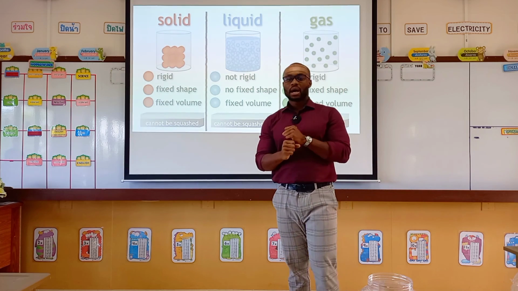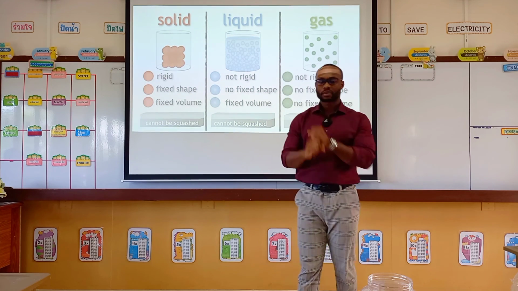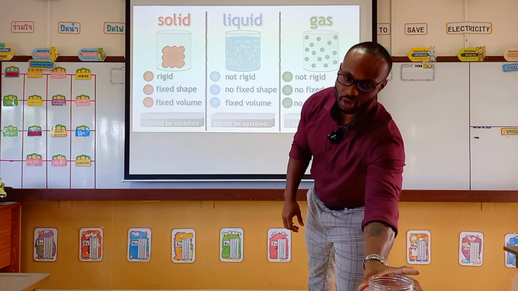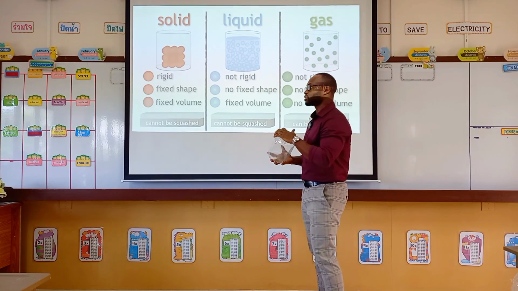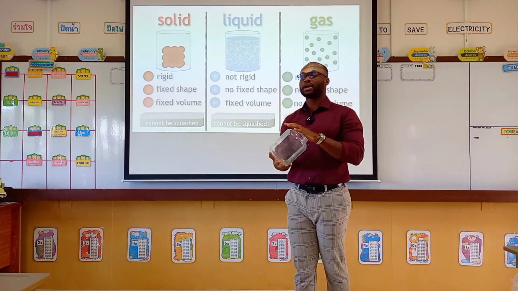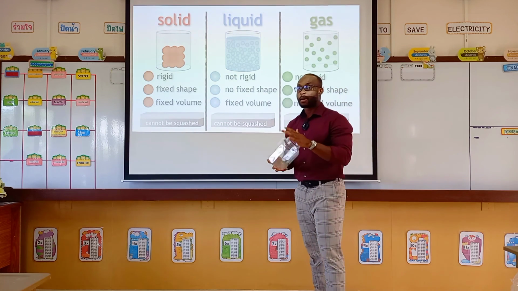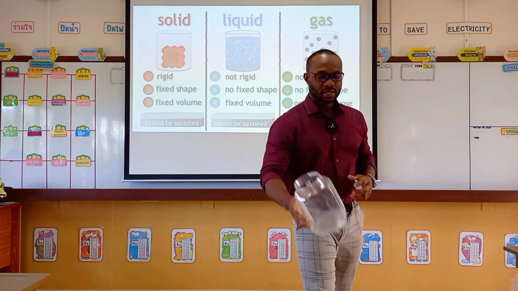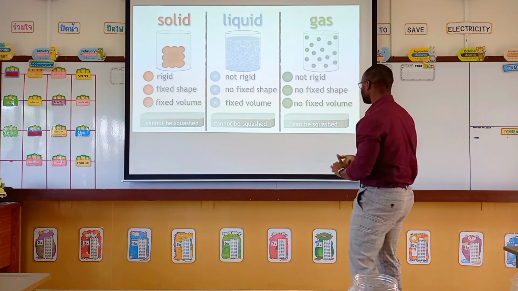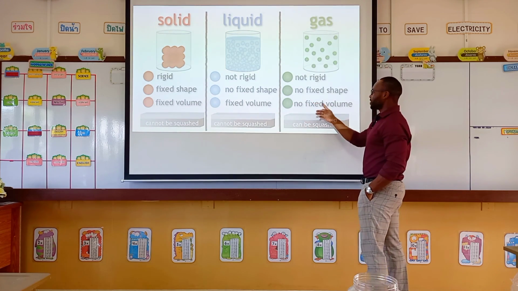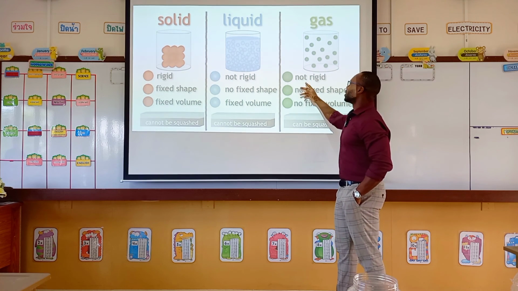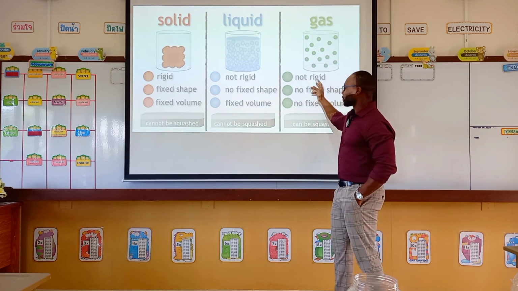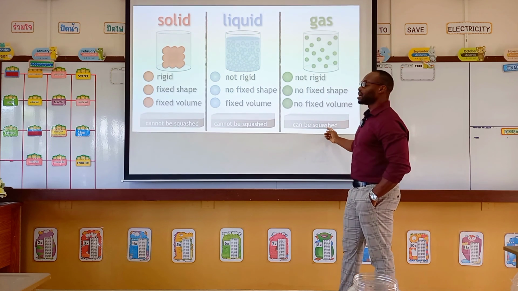If I blow air into this container, it's going to take the shape of the container, just like when you blow air into your balloons, okay, same thing as well. All right, so no fixed volume. The volume here is not fixed, no fixed shape, no rigidity. So it can be squashed.